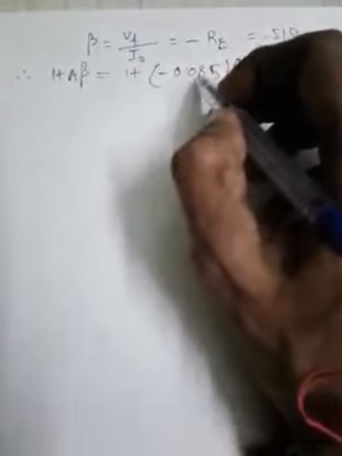So this is 1 plus A beta, with minus 0.085 as A, which we have calculated now, and minus 510 is beta. So this is 44.35, the value.